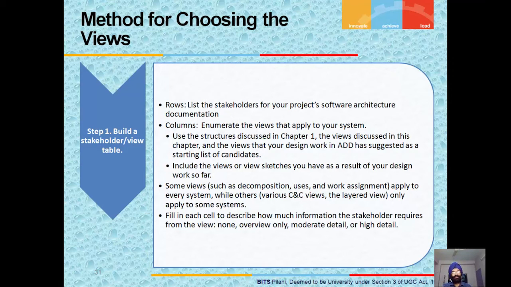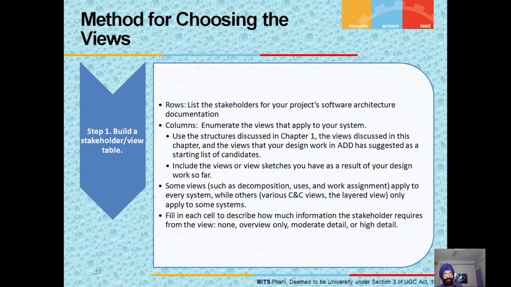The first thing you do is build a stakeholders and view table. On the left-hand side, one row for each stakeholder, and in the columns, one for each view that is a candidate for you. What you initially considered based on your ADD, architecture-driven design, you considered that certain views would be important to you based on the quality attributes that are of priority to you, and you put them down there.